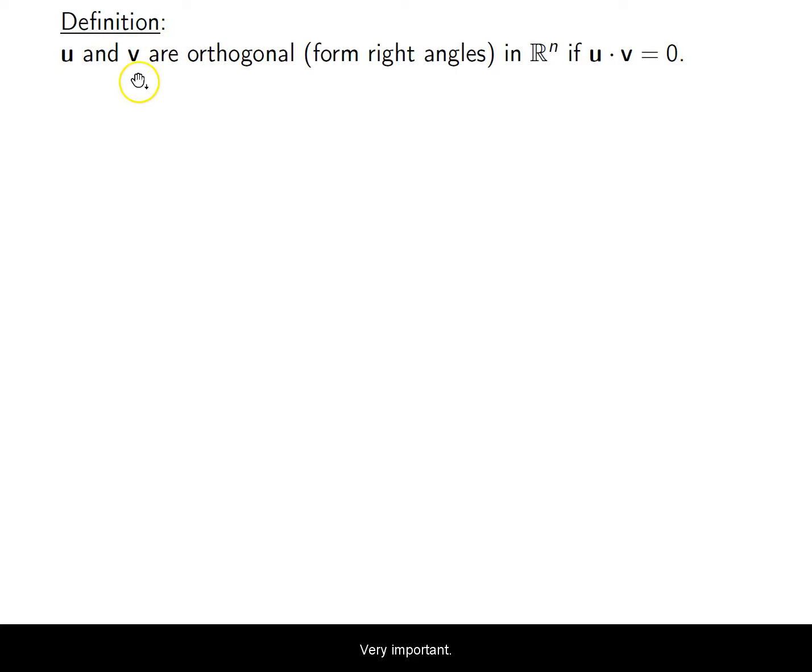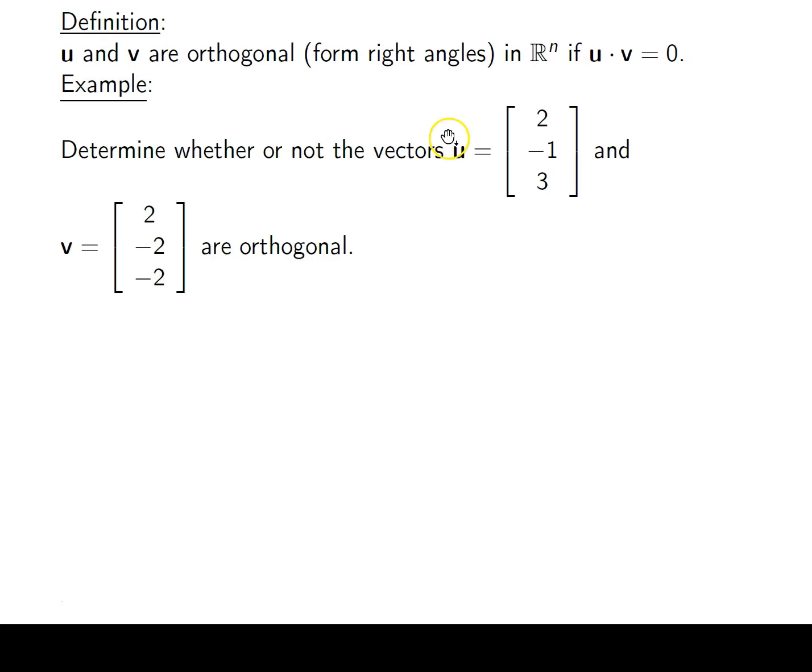If the dot product is 0, then u and v are orthogonal to each other, meaning they form a right angle when you put them tail to tail. Please remember that. Circle it, put a star around it, whatever you need to, but this is an important definition. So let's start with an example.